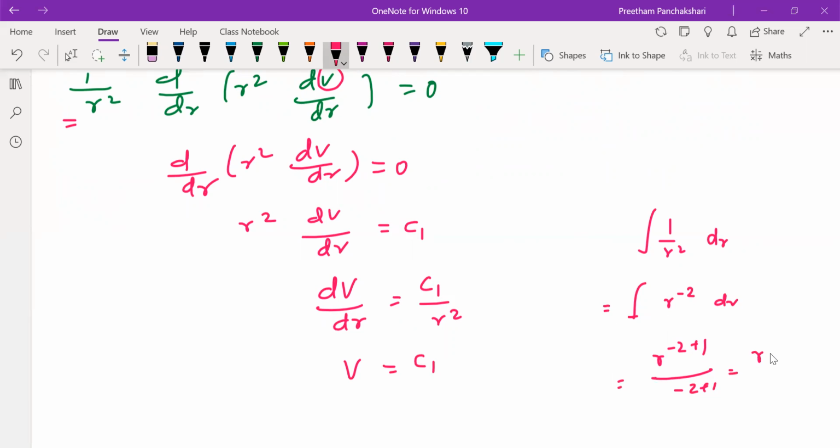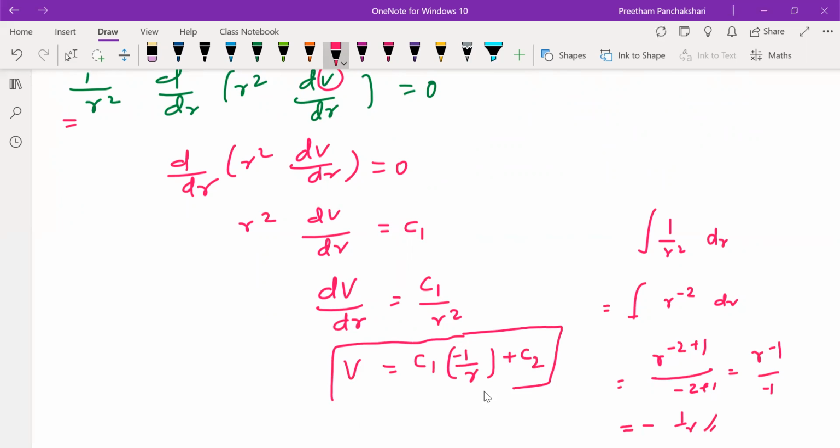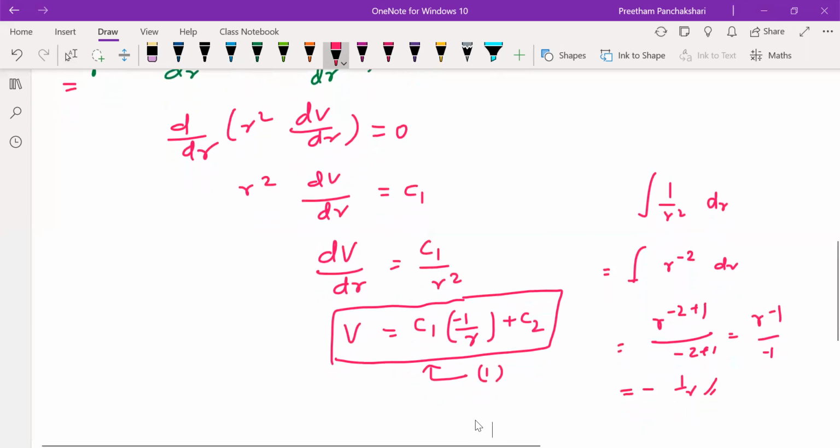So this is going to be r power minus 1 divided by minus 1. The minus 1 is minus, r power minus 1 is 1 by r. So we can directly write that it is minus 1 by r plus the constant of integration. We have integrated twice, so two constants of integration, and this is our equation 1.